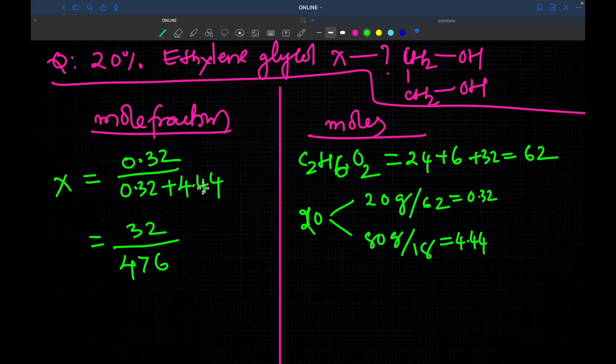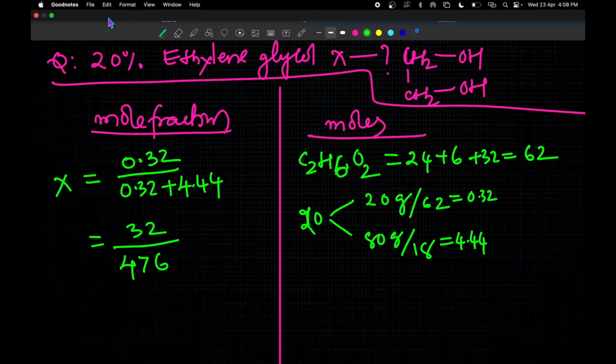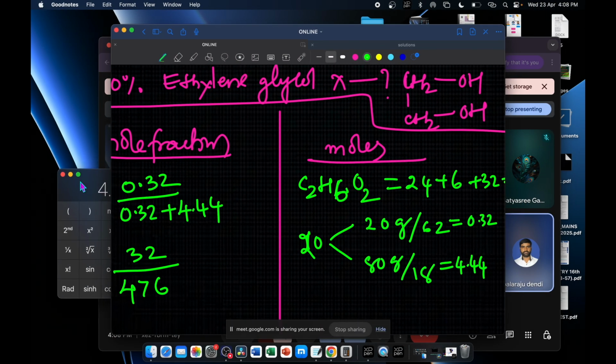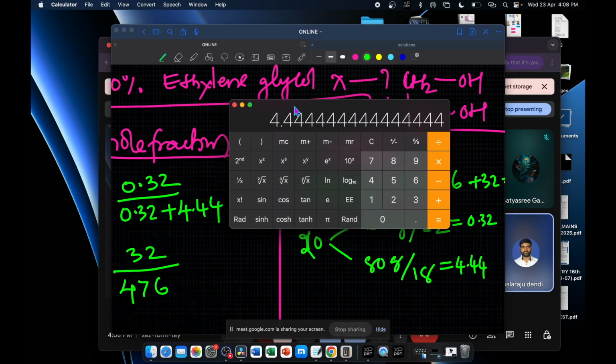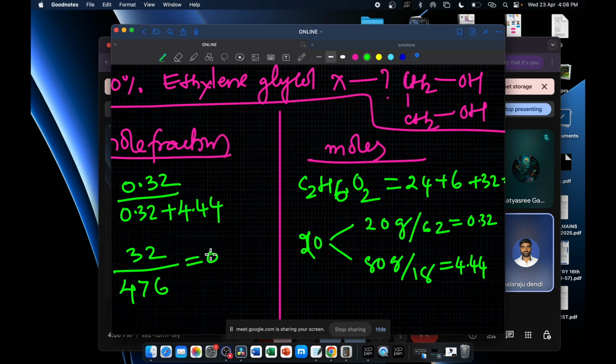Right? 76. Calculate it. 32 by 476 is 0.067. Is that correct?